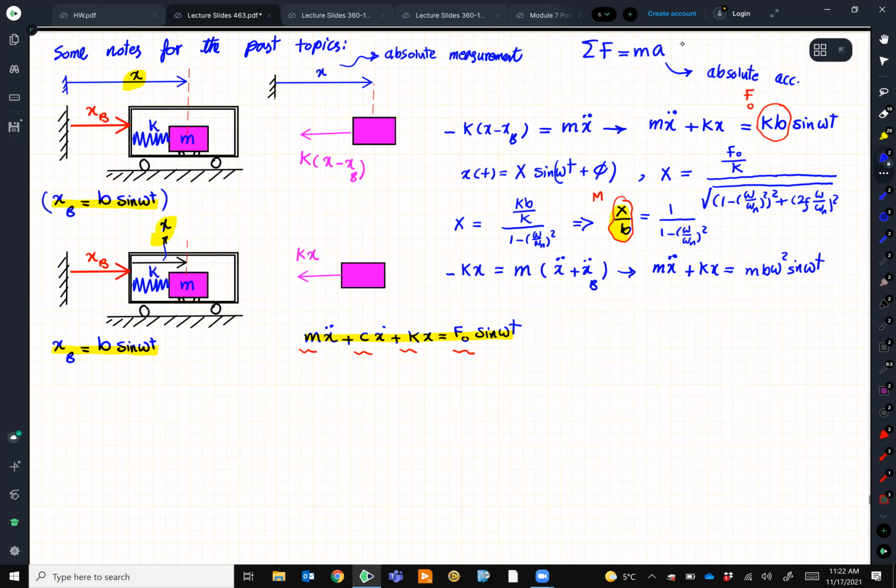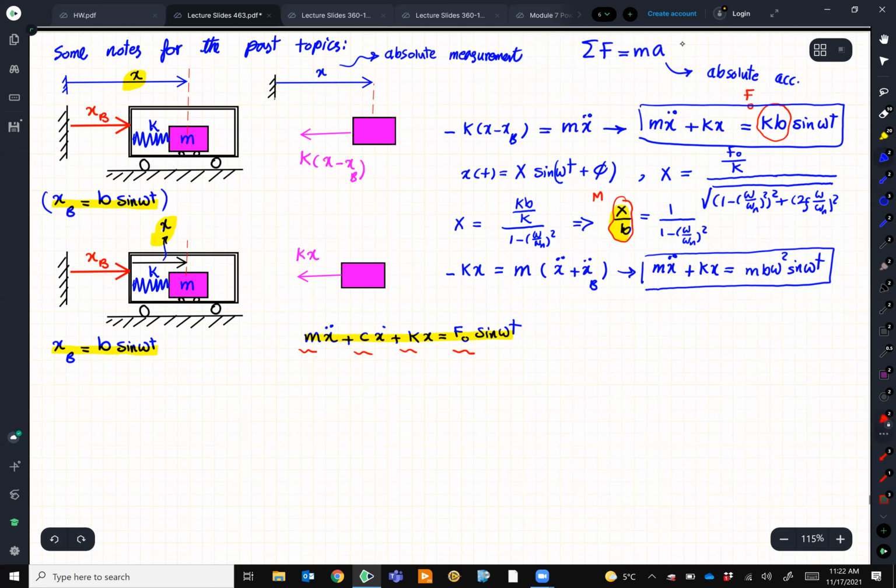All right, so this is my equation that I need to solve. This was for the first one, and I ended up with this M. So what is the form of M for this one? X is still the same formula, but my F0 now has a different form. This is my F0: m b omega squared divided by k, 1 minus omega over omega n squared.